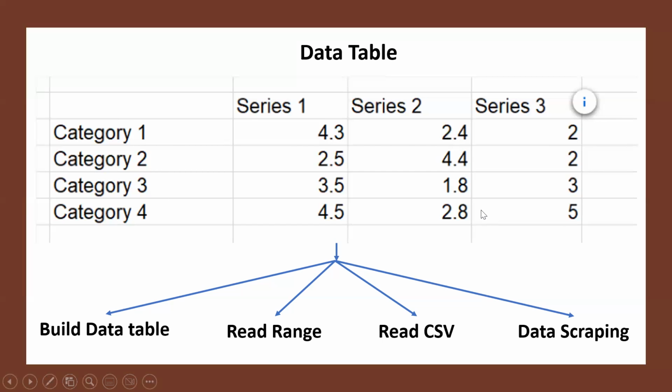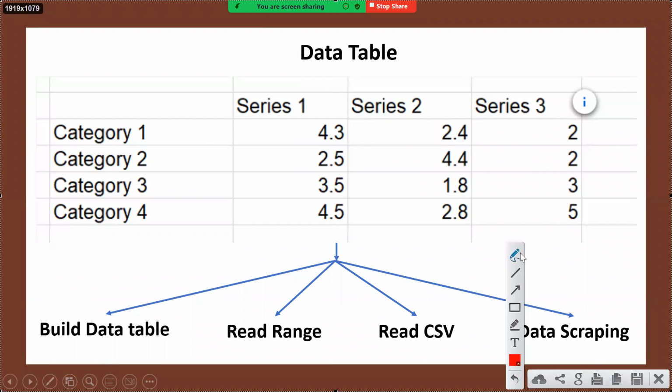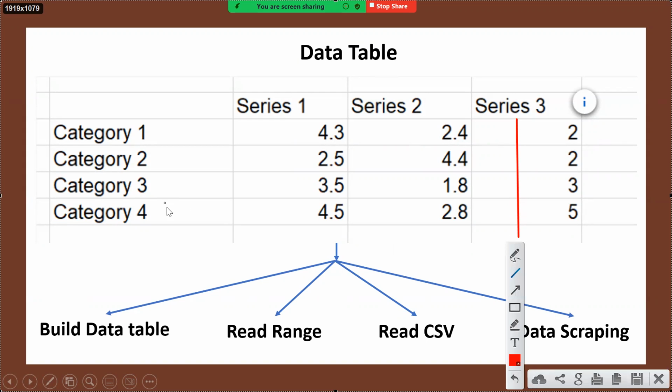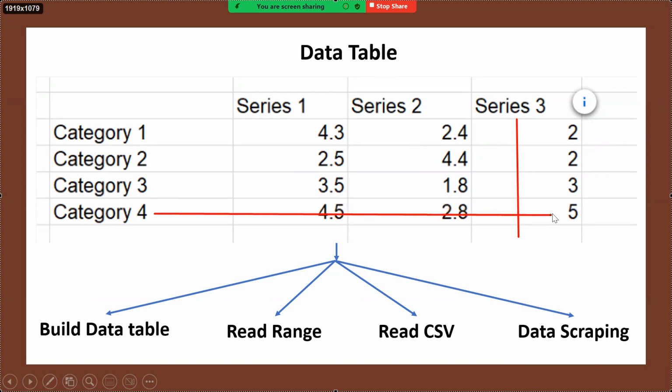This is the same way the bot will be storing it in its memory, in rows and columns. The beauty of this data table is, if you want some value from it, how can you access it? It's straightforward. If you want this number 5, you would directly call, hey, data table, give me series 3, category 4.